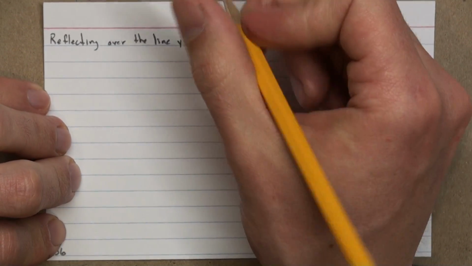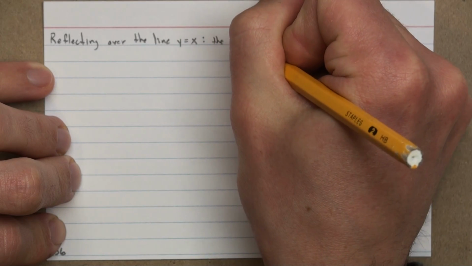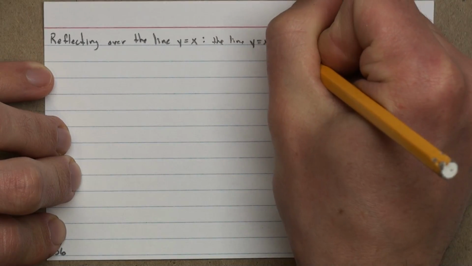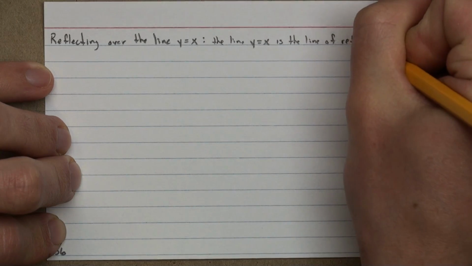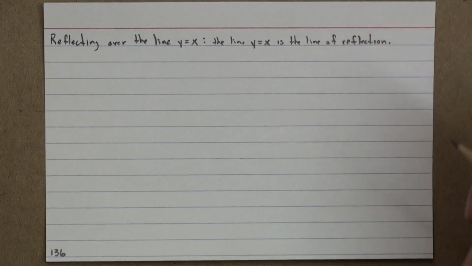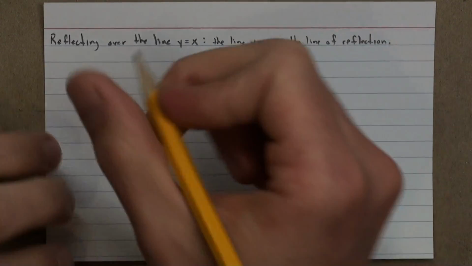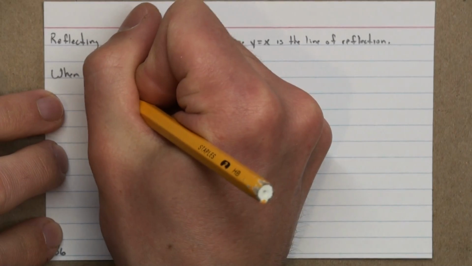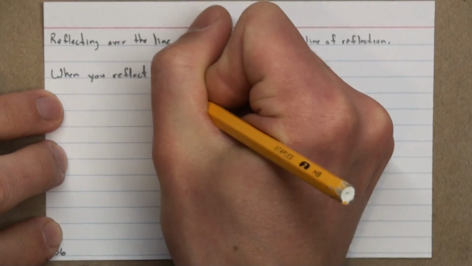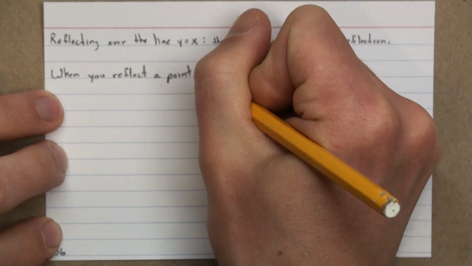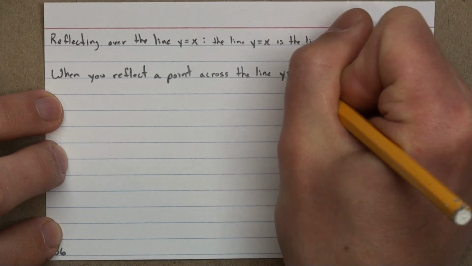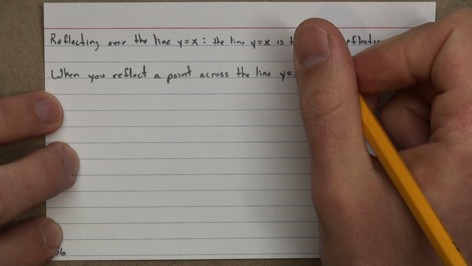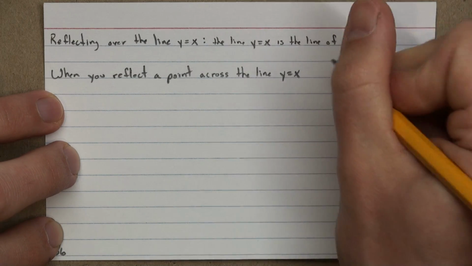So the line y equals x is the line of reflection. When you reflect a point across the line y equals x, the x-coordinate and the y-coordinate change places.